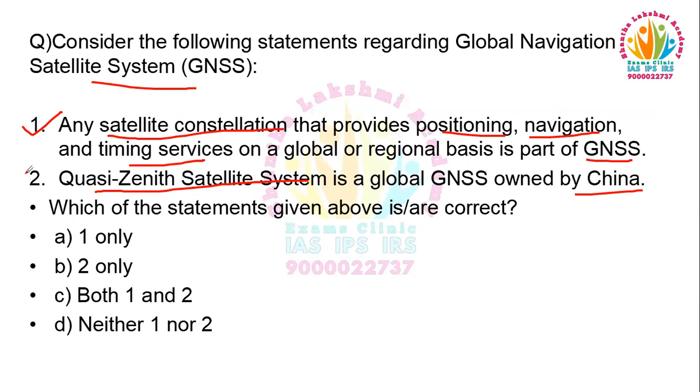Then, quasi-zenith satellite system is a global navigation satellite system owned by China. So this statement is incorrect because quasi-zenith satellite system is owned by Japan, not China. So statement 2 is incorrect. Option A, one only, is the correct answer.